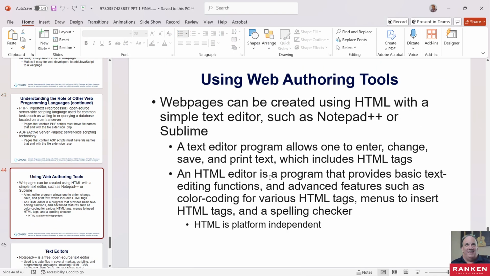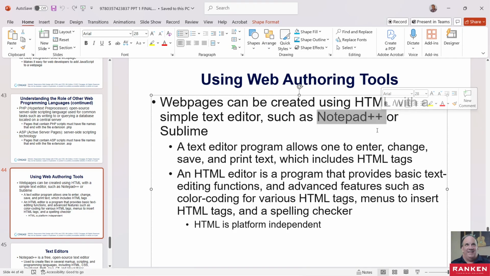Web authoring tools. Web pages can be created using HTML in a simple text editor. I use Notepad++ a lot, really for other things, but you can do HTML with that. What we're going to be doing in this course, for the most part, is using Visual Studio Code, for all the stuff we do. Not that Notepad doesn't have its purposes, and I do sometimes pull things up in Notepad.